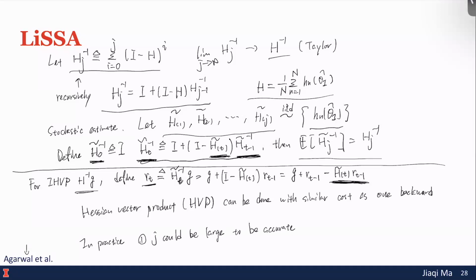Note that this approximation of H_J inverse to H inverse is in the limit of J going to infinity, and in practice J could be required to be very large to make this approximation accurate. This propagates all the way to R_T, so we need probably a very large T to accurately approximate the original IHVP.